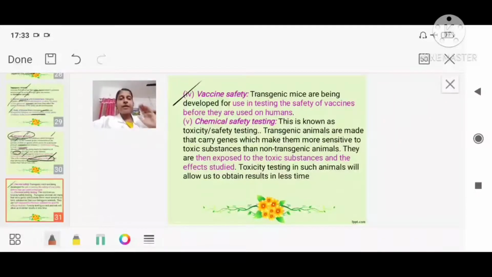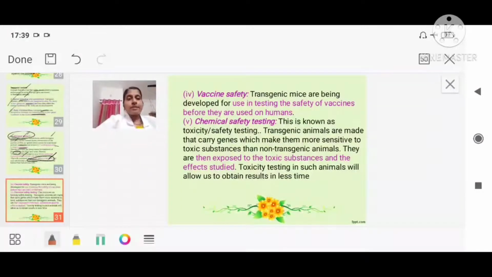Thereafter only is it used in the human population. So transgenic mice are used for testing the safety of vaccines: vaccines are introduced into their body first, tested, and then given to humans. That is the next point in which transgenic animals play a major role.